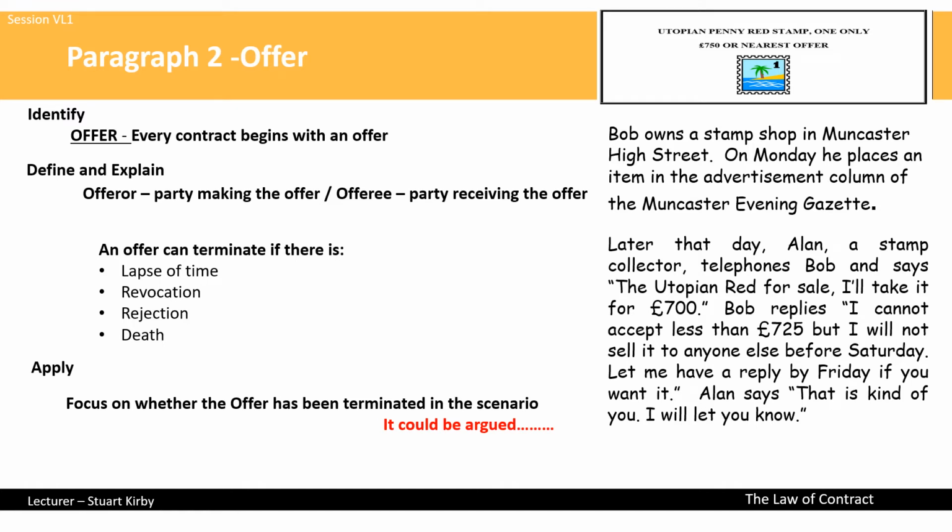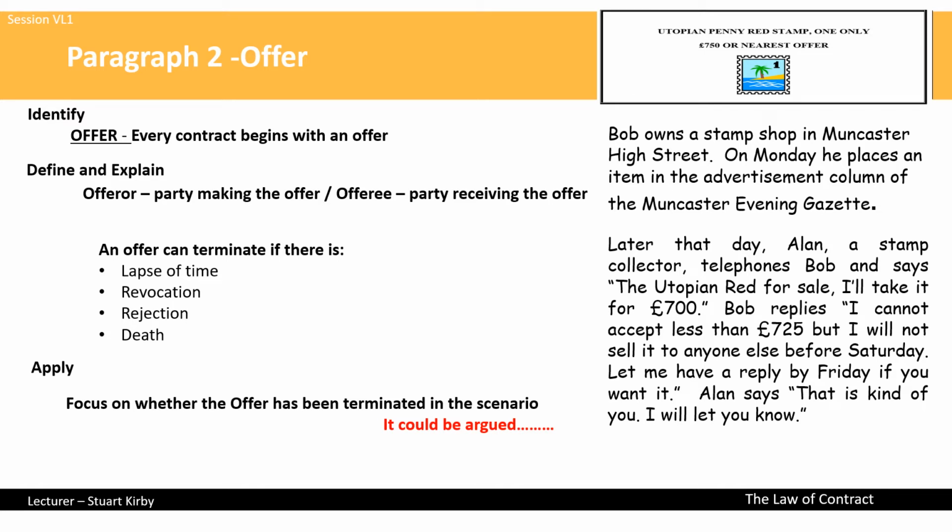If he's making a counter offer, therefore he is rejecting Bob's offer. So it could be argued that by rejecting Bob's original offer, there's no contract. It could be argued, therefore, that Bob is not in breach of any contract, because no contract was ever activated because Alan made a counter offer, which is a form of rejection.